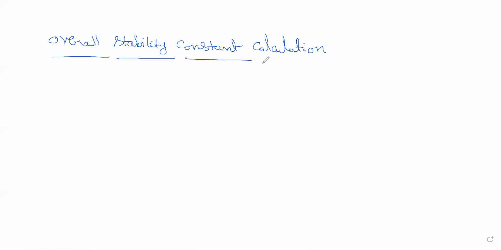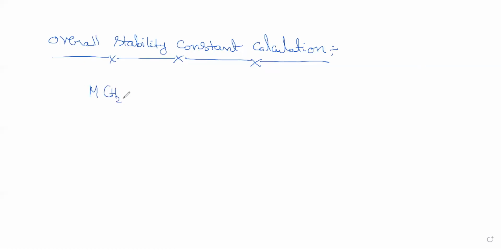you can write. There is something called overall stability constant calculation. What is this overall stability constant calculation? This is the example only.